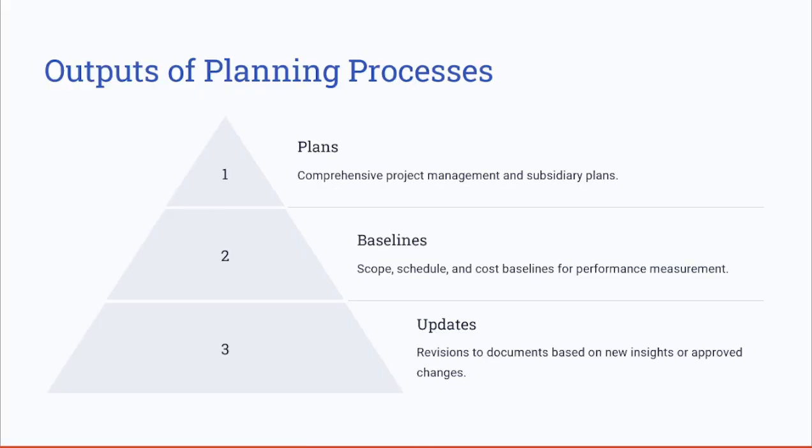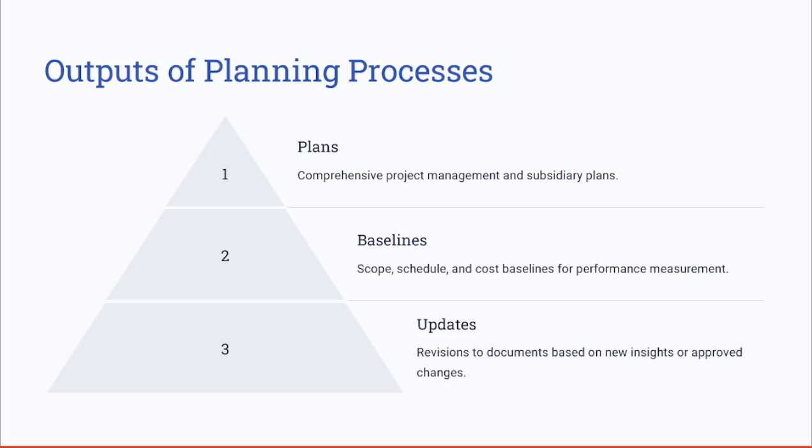So, the key outputs of the planning process group include detailed plans that we are going to discover in the next slide. These include the detailed plans that guide project execution, monitoring, and control.